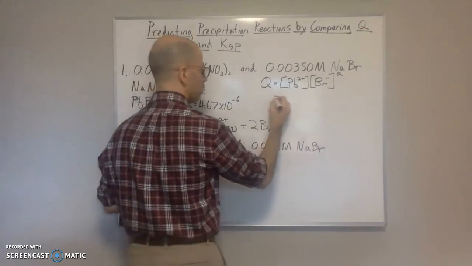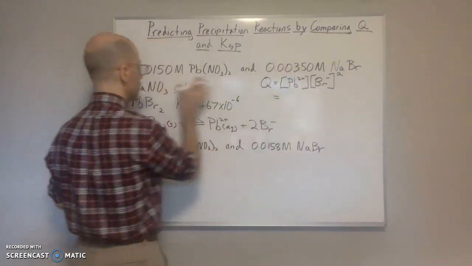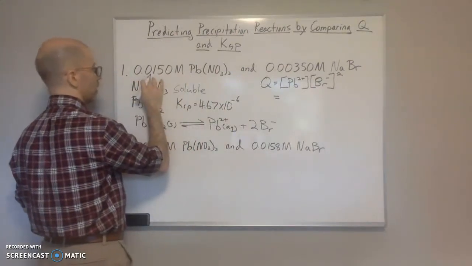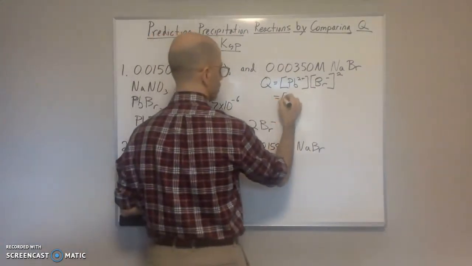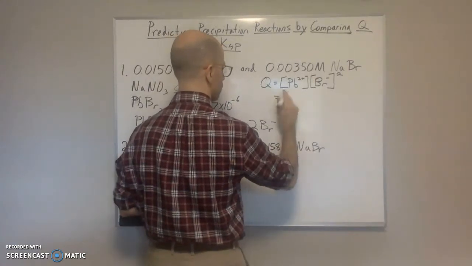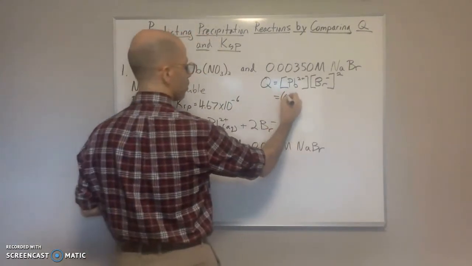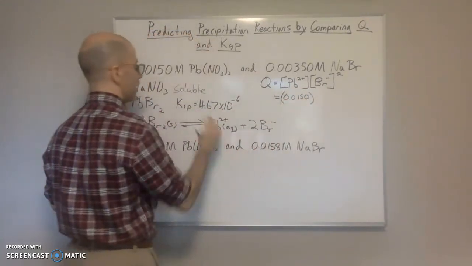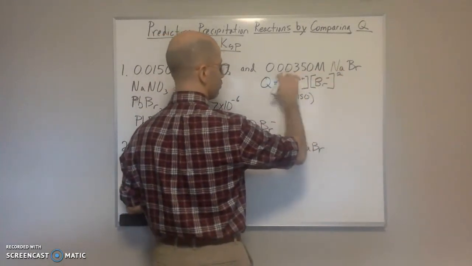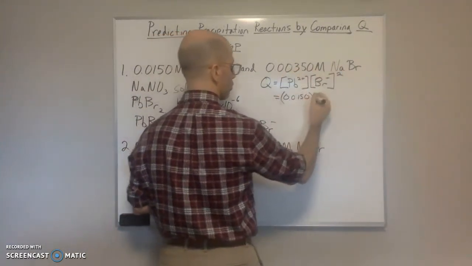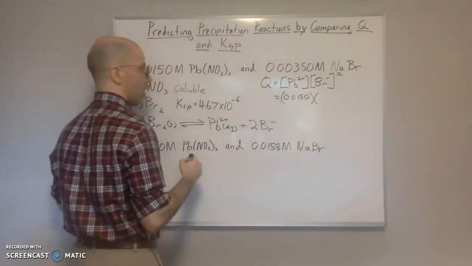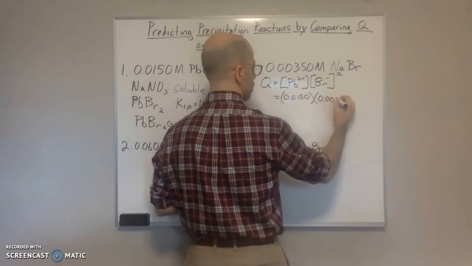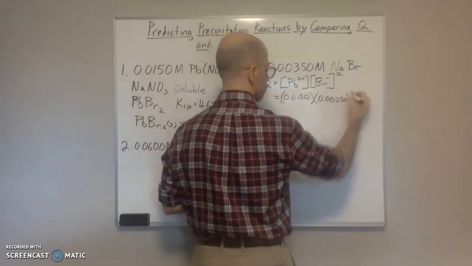Then you plug in your amounts here. The concentration of Pb is 0.0150, and the concentration of bromide is 0.00350, squared.